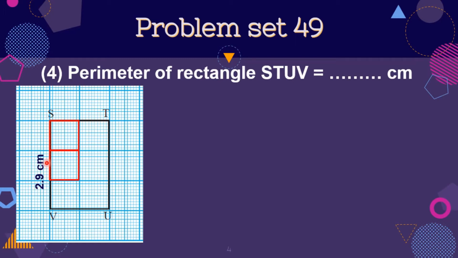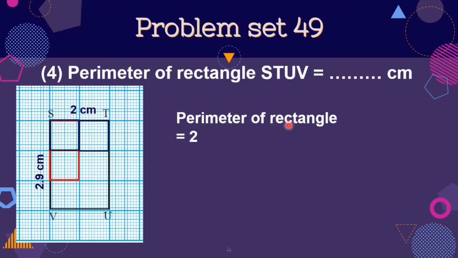Let us find out the breadth of this rectangle. As there are two squares along the breadth of this rectangle, we say the breadth of this rectangle is 2 centimeter. Now let us find out its perimeter. We have perimeter is equal to 2 into length plus 2 into breadth.